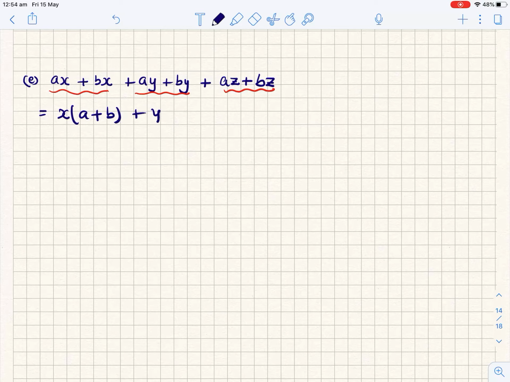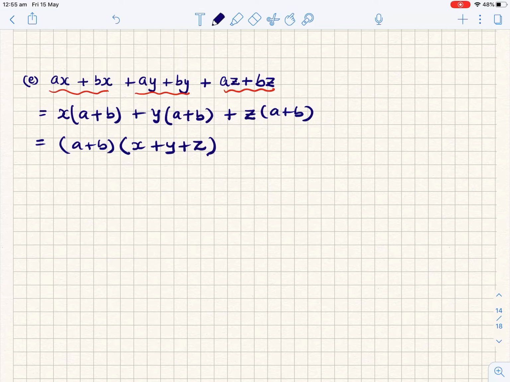Here you put y outside, again you get a plus b. Here you put z outside, you get again a plus b. Now the common factor is a plus b. And we are left with x plus y plus z. Nothing more common, so that's the final answer.